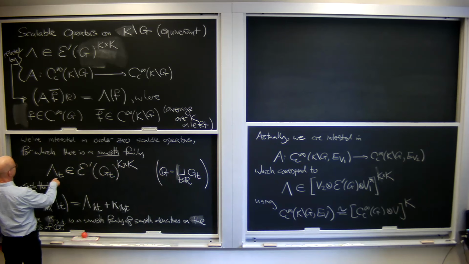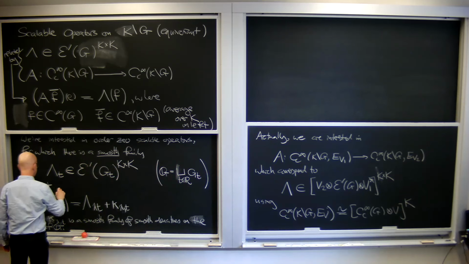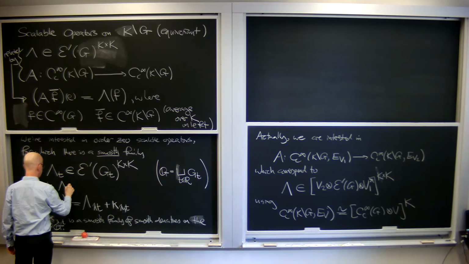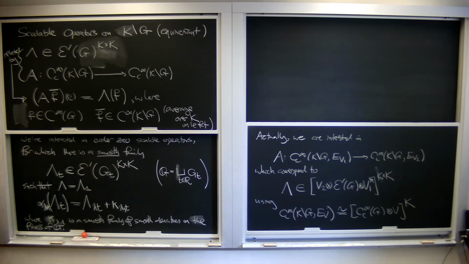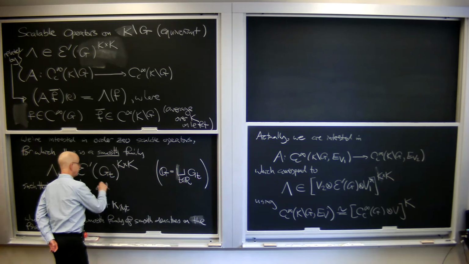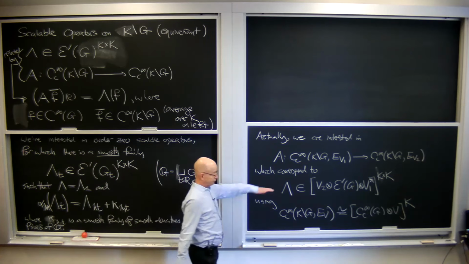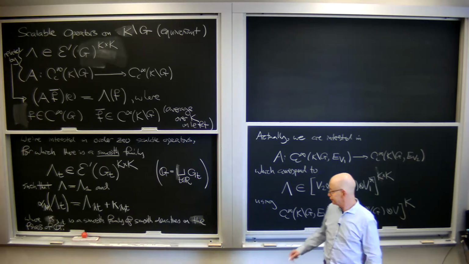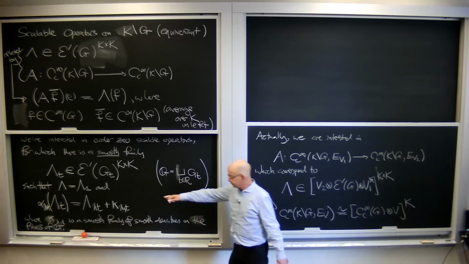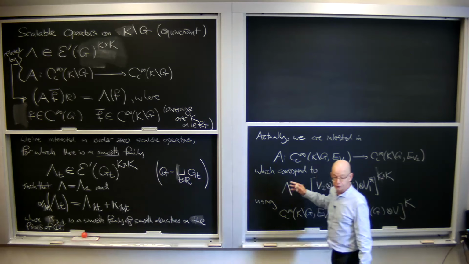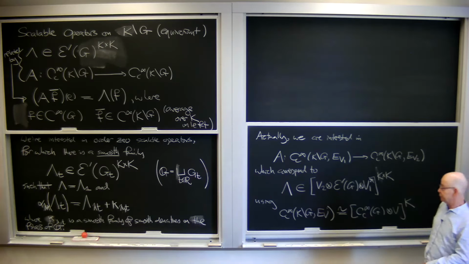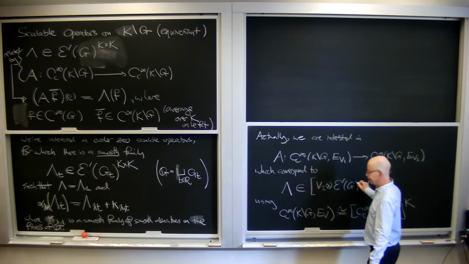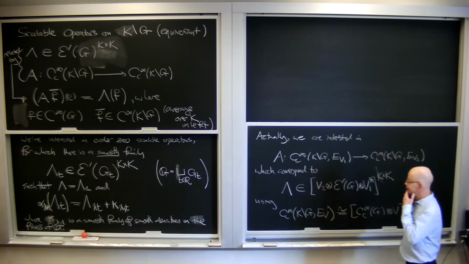I forgot to say what the relationship is between lambda of t and the individual operator distribution lambda. The relation is that this family starts at the point t equal to 1 with lambda. And you make the obvious changes to this description, and you'll get a similar description for scalable operators here. I'm not even going to write it down. There should be a bunch of lambda t's, and you just stick a t here, and it should be a smooth family, blah, blah, blah.